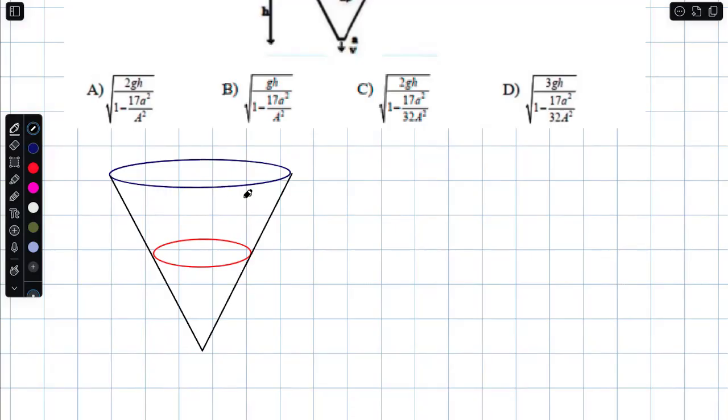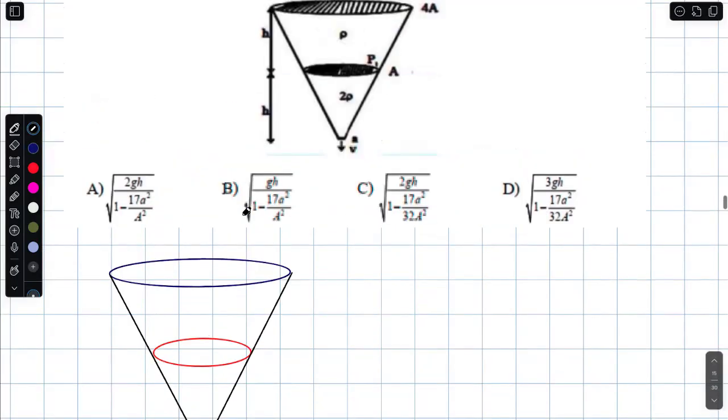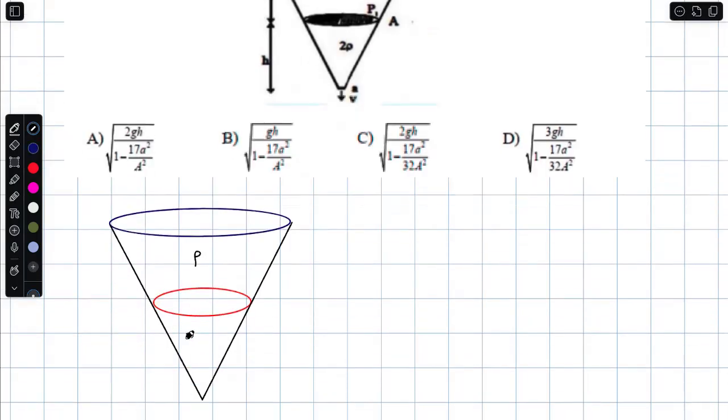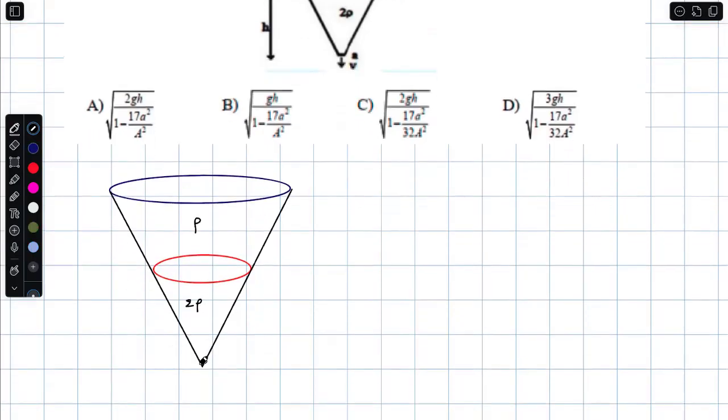That's the cone. You can see, the upper portion is of rho density. The lower part is of 2 rho density. And here you have a small hole here.